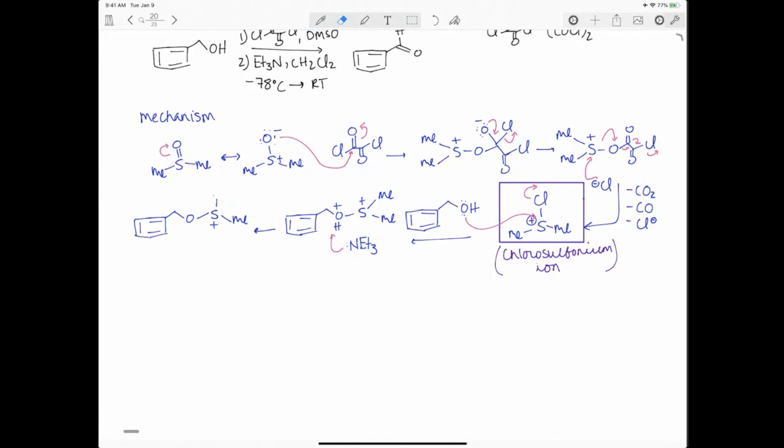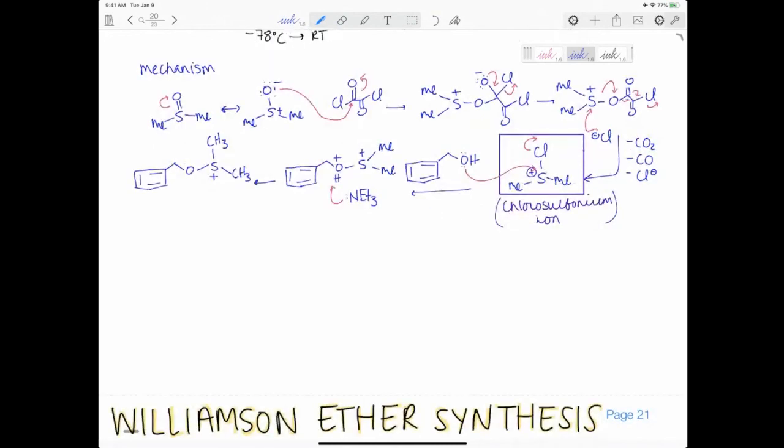It's hiding in here. So let me draw this as a CH3 group so that you can see what's happening. With this CH3 group, another equivalent of triethylamine is going to come in and deprotonate this hydrogen atom here, so that I get a very unhappy carbanion.